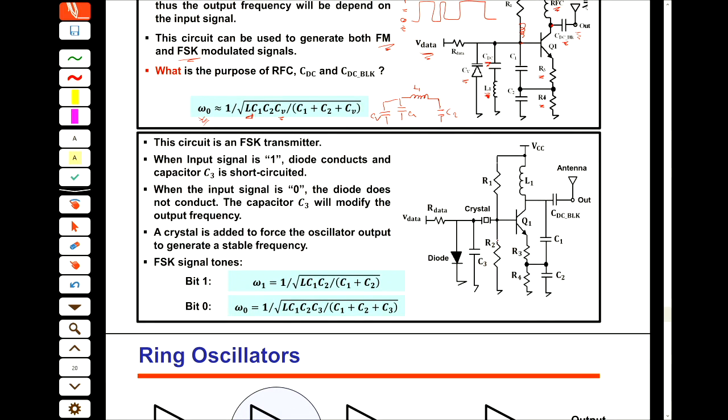In the bottom circuit, again, we got a feedback from here to here.